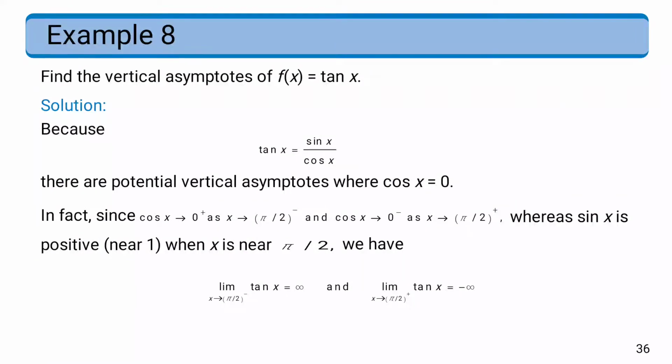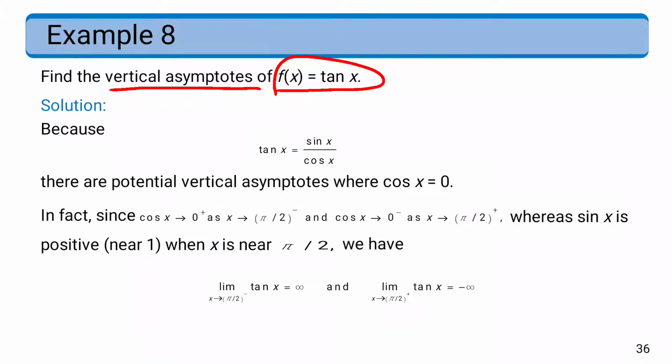Look at this function that we have here. Suppose you are asked to find the vertical asymptotes of f of x equal to tan of x. The best way in this case is to approach this function to find the vertical asymptote.